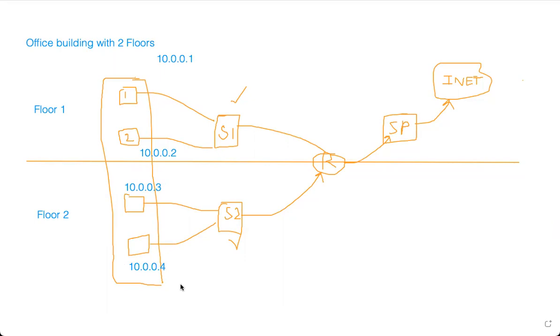So there are 2 floors here. They want to communicate, right? So 10.0.0.1 will send the broadcast message.